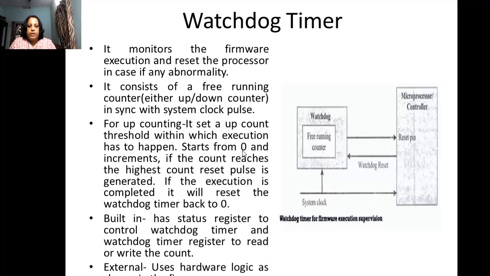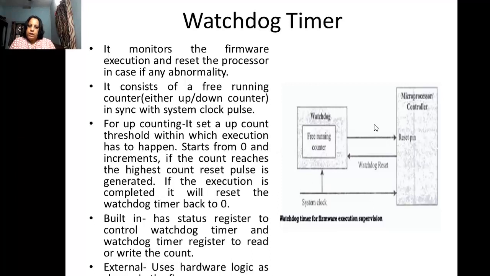Let us take an example of 10 milliseconds. Or rather, it cannot be milliseconds, because we are talking about clock pulses, so let's say 10 clock pulses. So I say the count is 10.